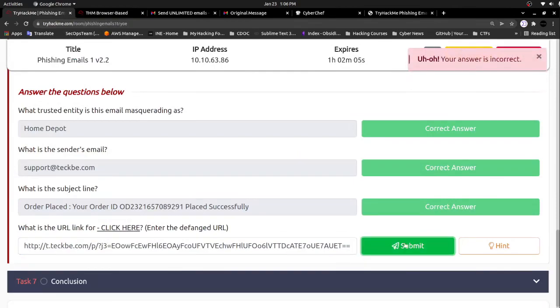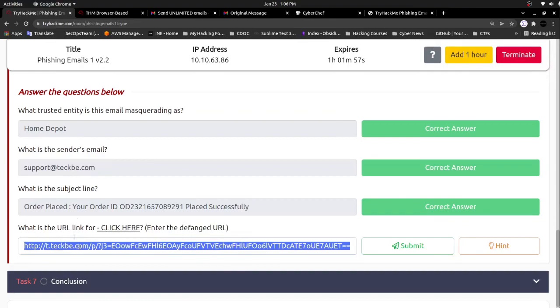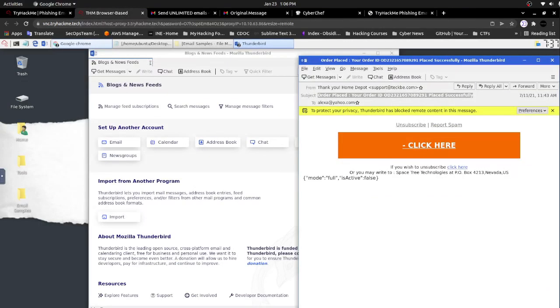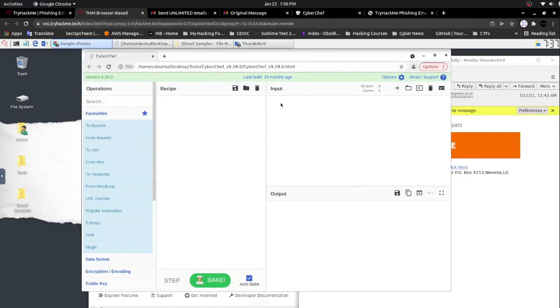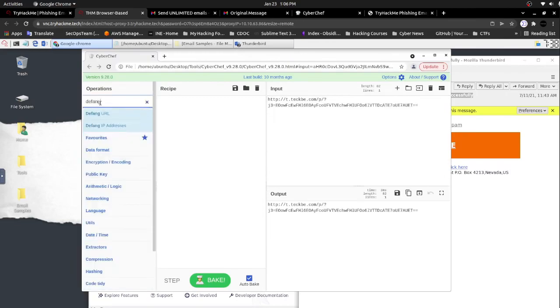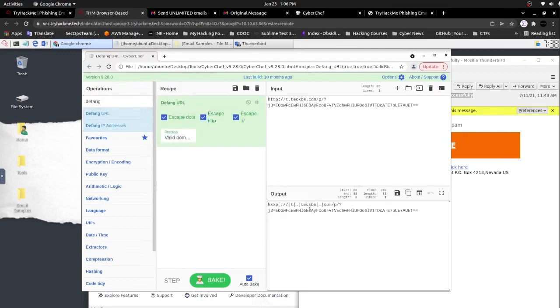Copying the name and email address, let me paste it over here. We need to add this around. Sorry, the Home Depot. Yeah, this is the answer. Now let's see what the URL link is for. Click here, enter the defanged URL. If I hover my cursor here, you can see at the bottom it displays another URL.